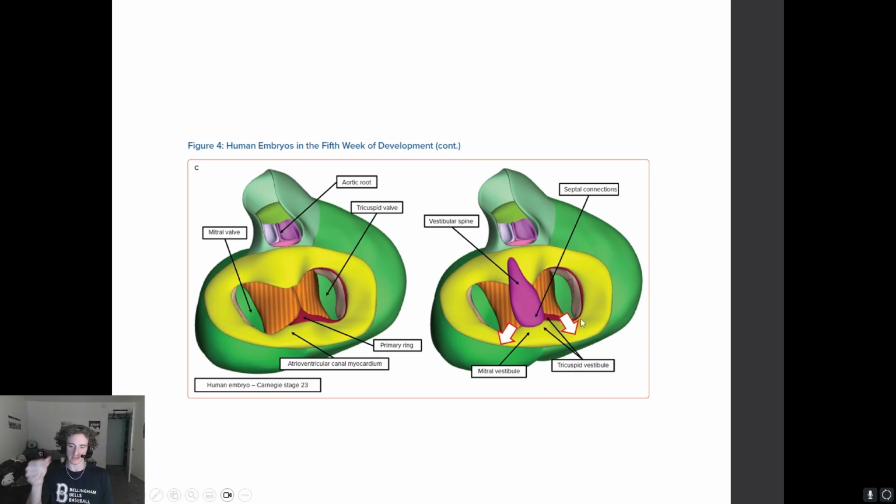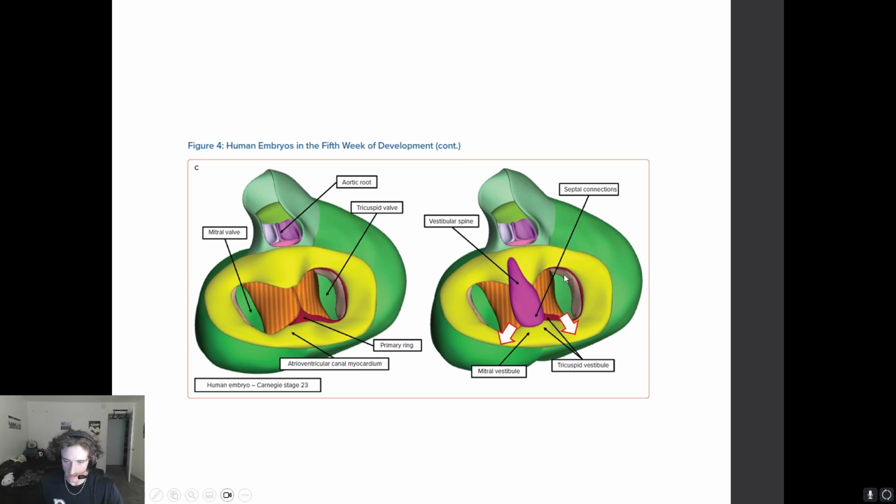So it's both together. You also have the primary ring tissue inside that vestibule. So the primary ring is also associated with the tricuspid valve vestibule, which is derived from the ring that comes from the atrioventricular canal. I think that maybe confused somebody, so I'm going to say it again.